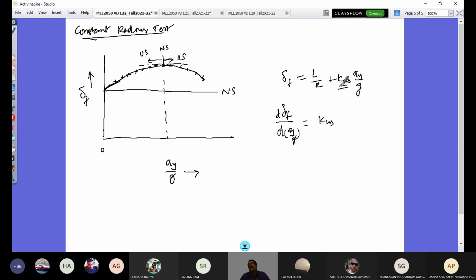So this KUS is not constant for a vehicle; it is varying. It can be greater than 0, 0, or less than 0, depending upon the operating condition, the non-linearity of the tire, the suspension characteristics, and all the vehicle design and environmental factors that are accounted for. The vehicle which originally behaves as an understeer vehicle can change into this.